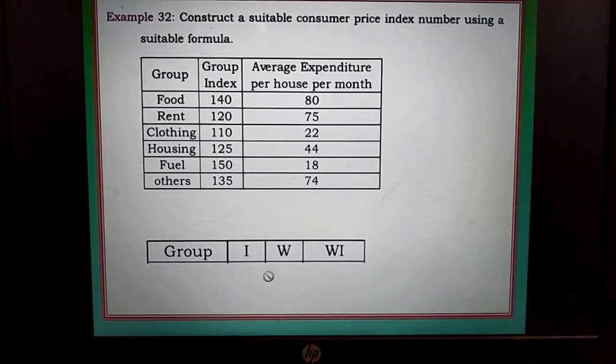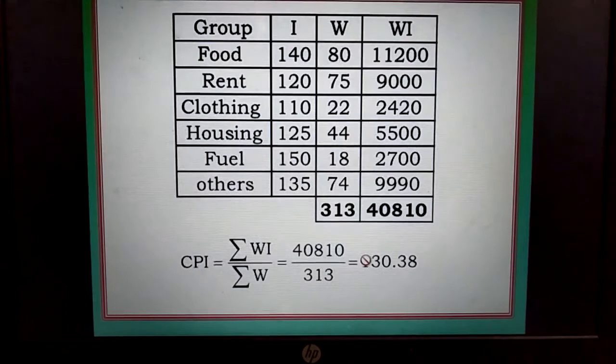Based on this, if we have to calculate the consumer price index number, which method is possible? Is it possible based on the aggregative expenditure method? No. The one left is the family budget method. So the family budget method has to be applied. In order to apply the family budget method, we want this W multiplied by the I column. That's why W multiplied by I, one more column has been considered. So that calculation is executed, students.